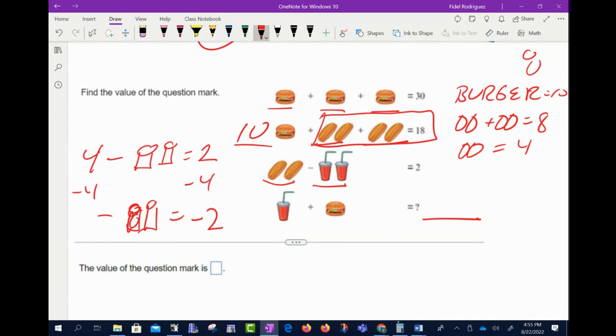That means that the double soda is a positive 2. Well, if the double soda is a positive 2, then a single soda is going to be a 1. And a 1 plus a burger, which is a 10, it's got to add up to 11. Okay, there's my question mark, 11.